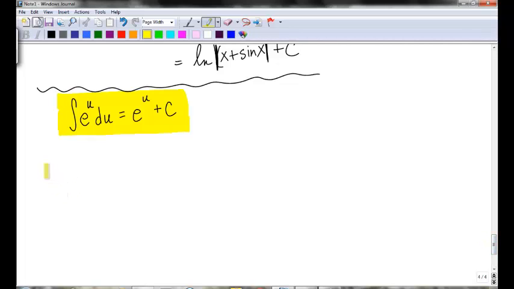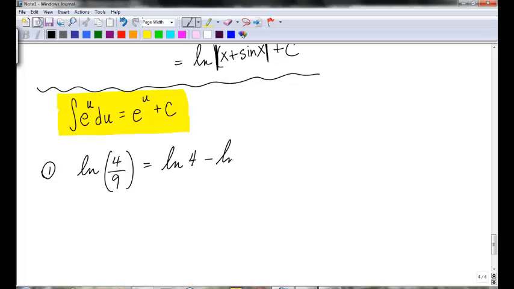Now I assigned odds, so you should be able to work on those. Like on number 1, the natural log of 4 divided by 9. They give you the natural log; write everything in terms of natural log of 2 and natural log of 3 using the laws of logarithms, basically. When you divide numbers, what do you do with the logarithms? Subtract them. So you do the natural log of 4 minus the natural log of 9.